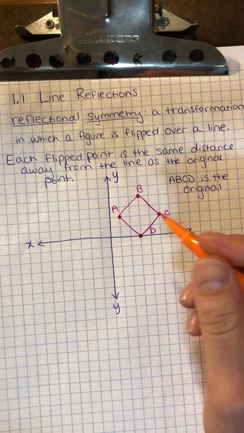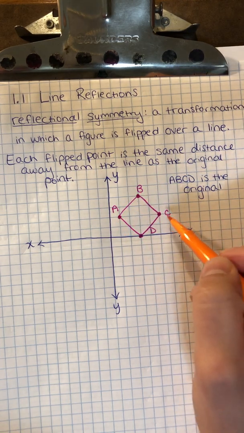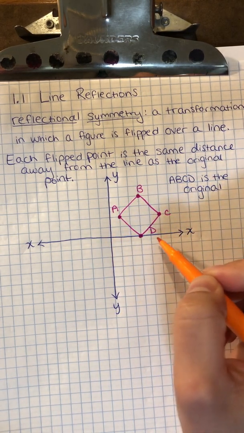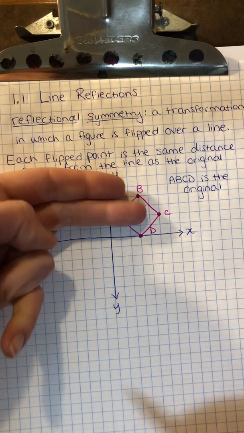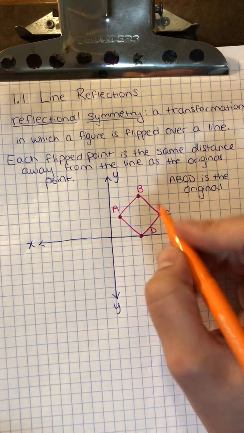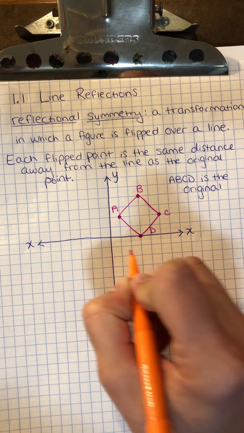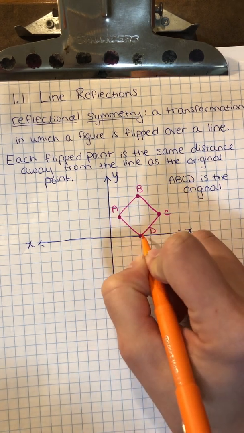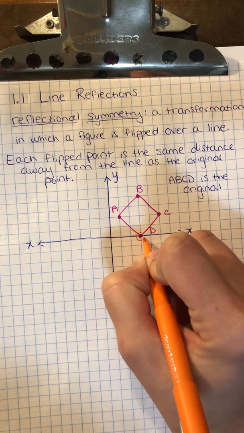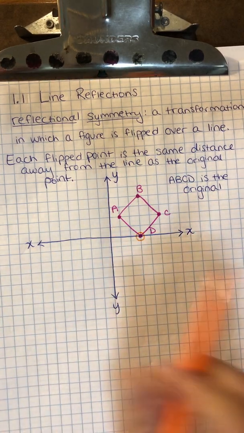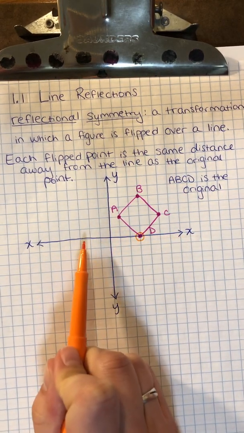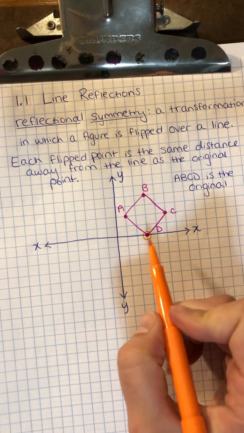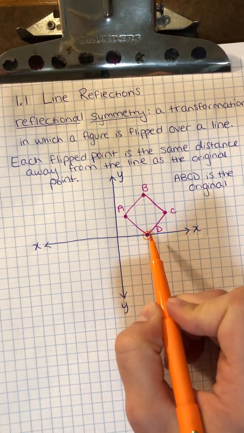We're going to start by reflecting A, B, C, D over the x-axis. So we're going to start with it up here and flip it down into here. Because point D is already on that axis, when we flip it, it's not going to actually move anywhere. Again, think about that Valentine you made in elementary school. If this was the crease of the paper, any paint that was stuck in the middle would end up staying in the middle.